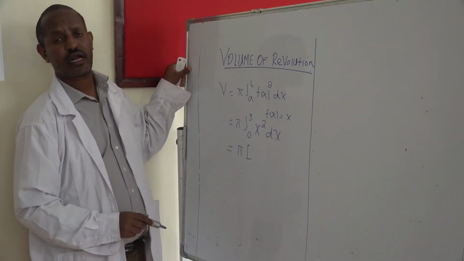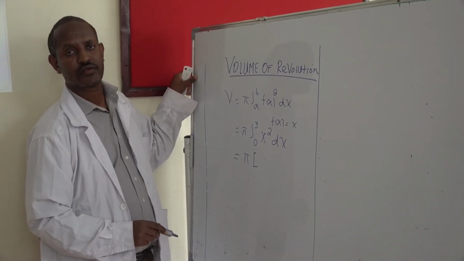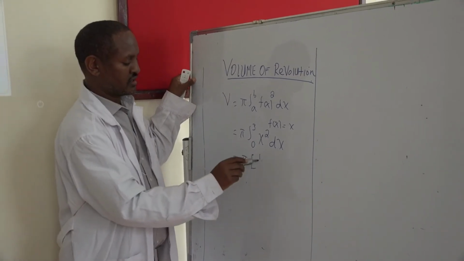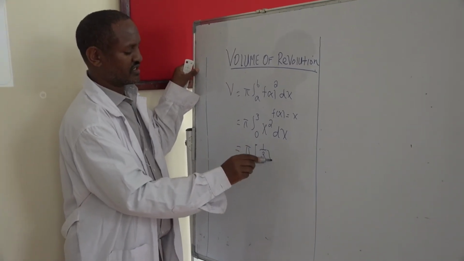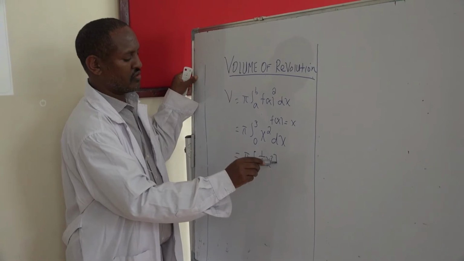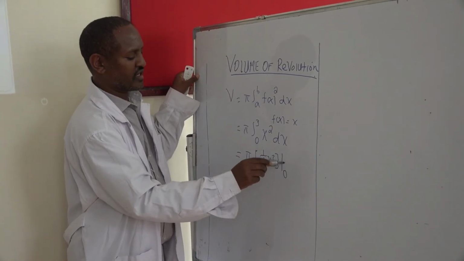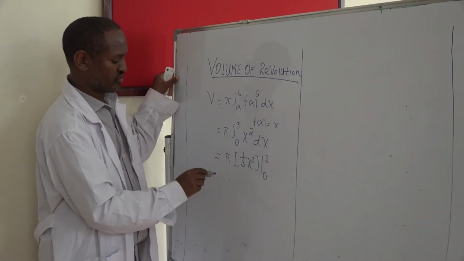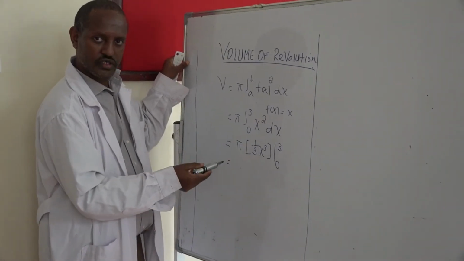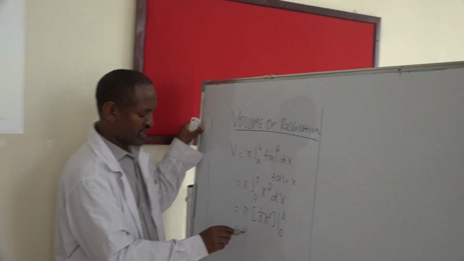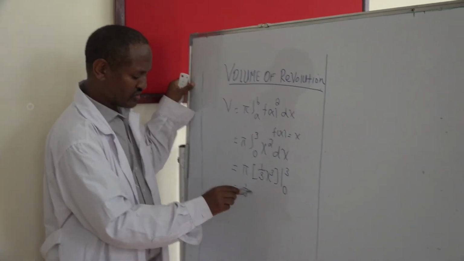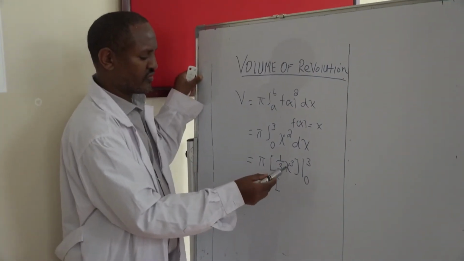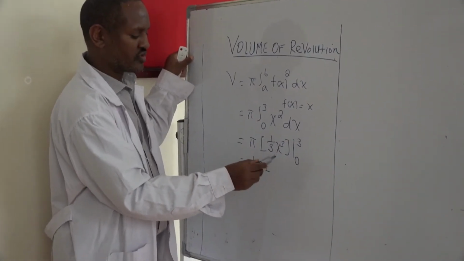So I'll have pi times, now what is the integral of x squared? Good. It is 1 over 3 x cubed. Now we evaluate this function from 0 to 3. Now 1 over 3 is a constant, so we can take it out. So you'll have x cubed evaluated from 0 to 3.